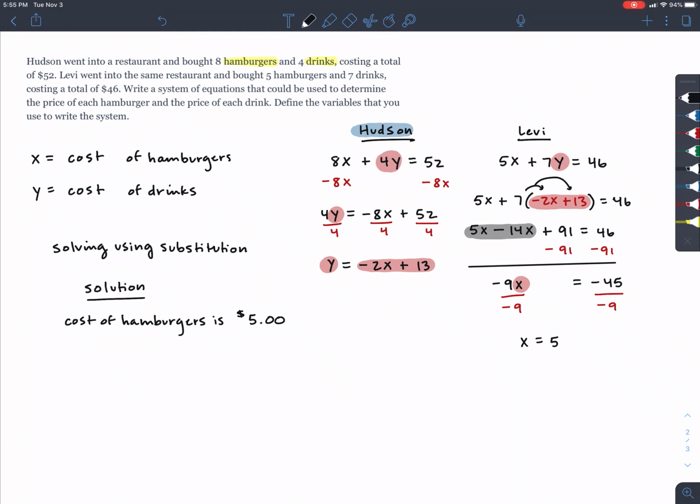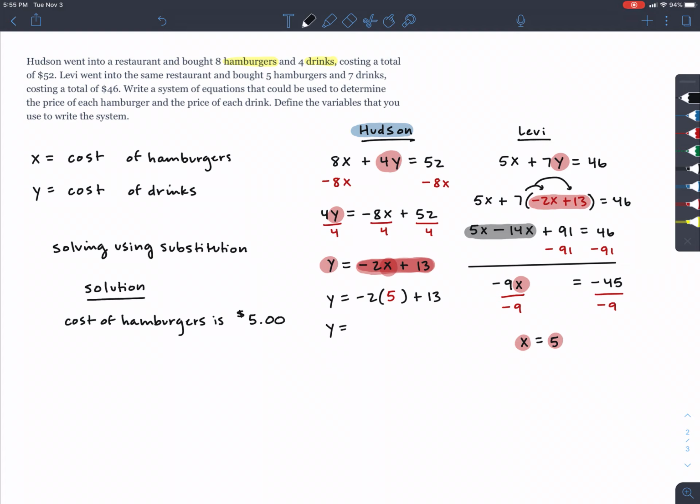But we still need the cost of drinks, and that's where we're going to use this equation, because what we are going to do now is say that x is equal to 5. So wherever I have an x in my equation, I'm going to replace that with 5. So this becomes y is equal to negative 2 times 5 plus 13.